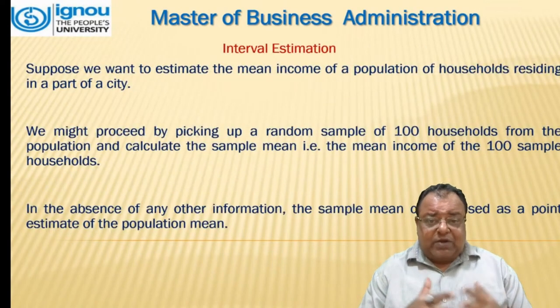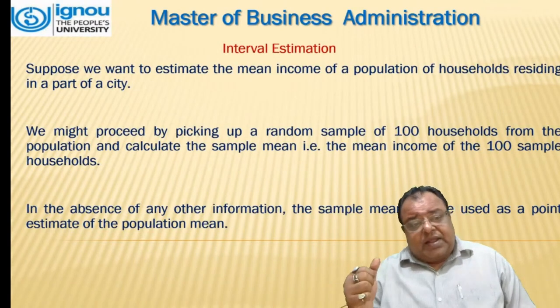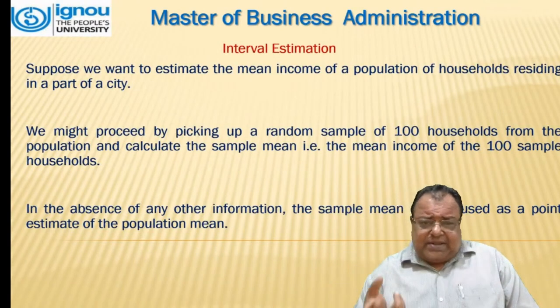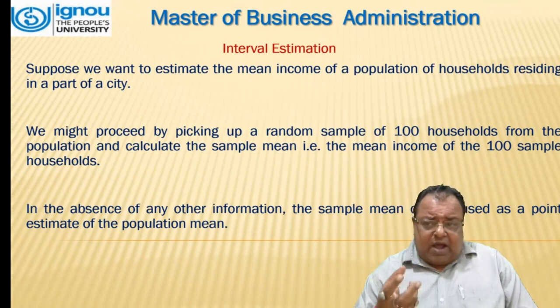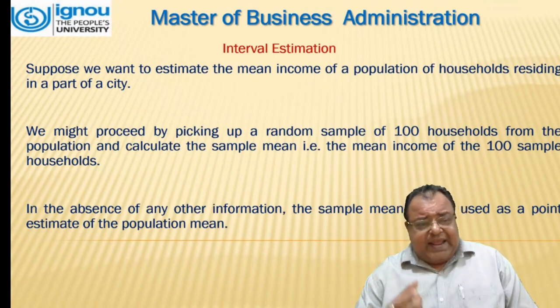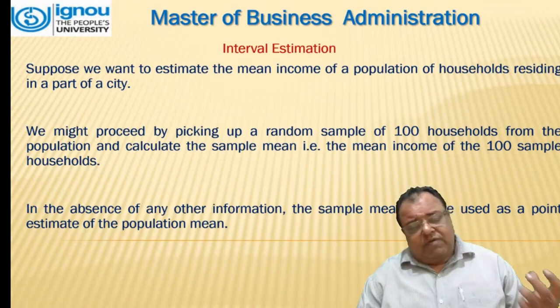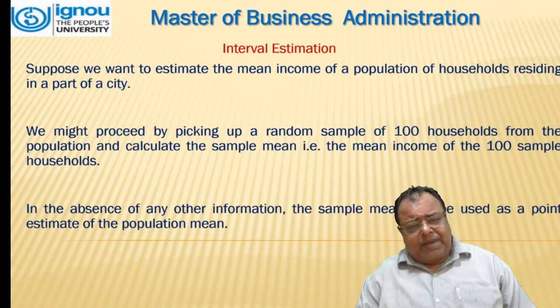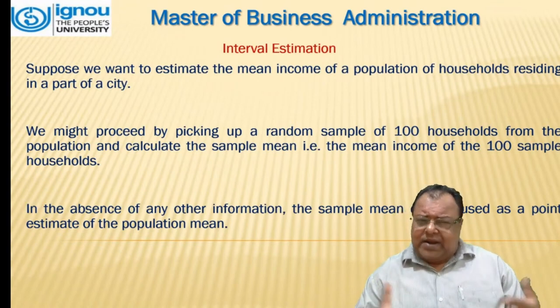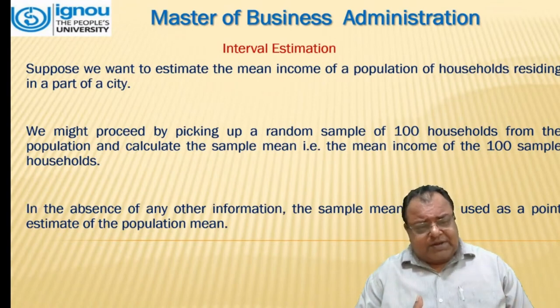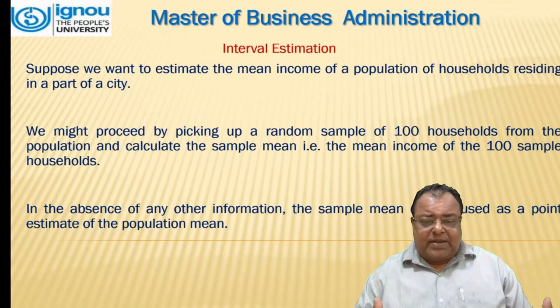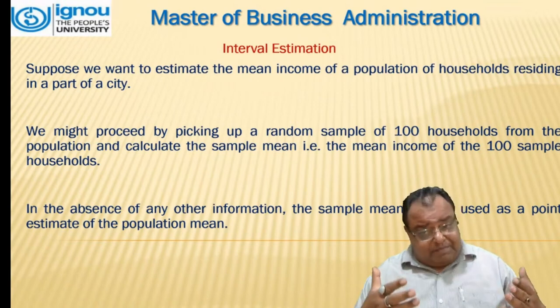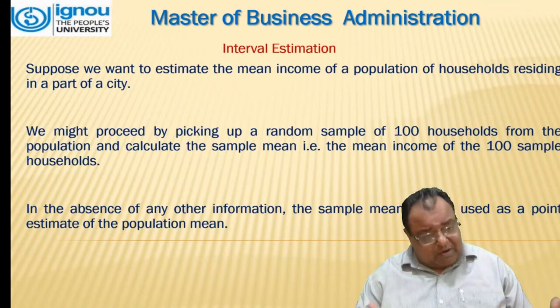Now, interval estimation. Suppose we want to estimate the mean income of the population of households residing in a part of a city. How will we do it? What are the possible outcomes we will think of? We might proceed by picking up a random sample of 100 households from the population and calculating the sample mean, that is, the mean income of the 100 sample households.